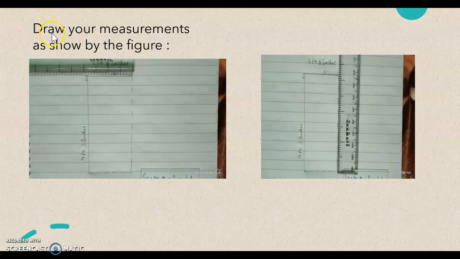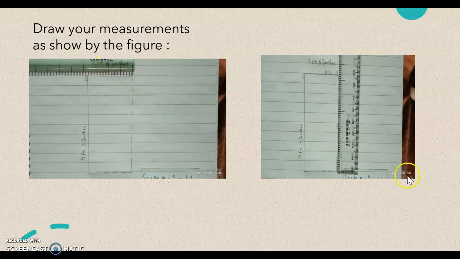Now following the next step, we'll be drawing the measurements in a figure. As shown on the screen, we have to draw the given measurements into this figure by using an imperial ruler.